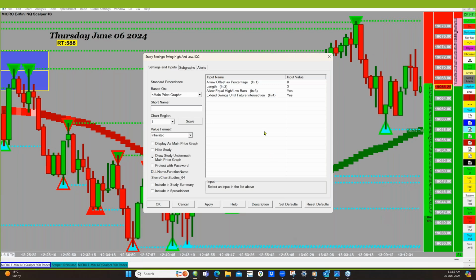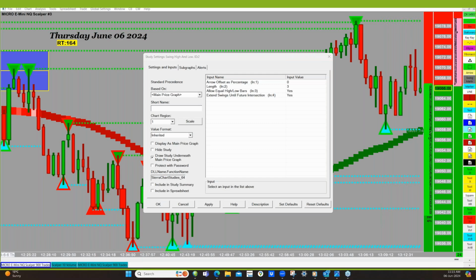So on this one, we have extend to further intersection. So when the price action candle intersects the extension line, and let me see if I can show you. On the left-hand side here, we have an extension line, and then the price action, that's this red, but okay, gets intersection, so it stops.